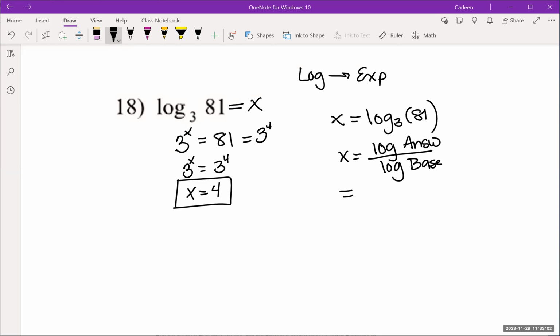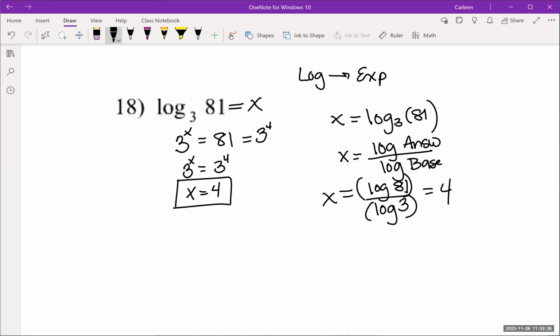Oh, no, don't worry about it. You'll see it next year. Which is log of 81 divided by log of the base, which is 3 with parentheses. If you plugged that into the calculator, you would get 4. Now, you may look at that and go, that's worse.